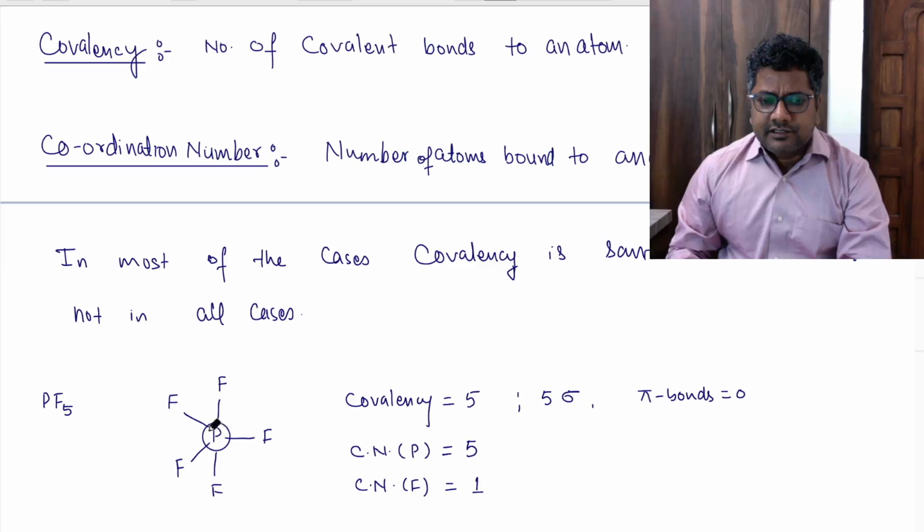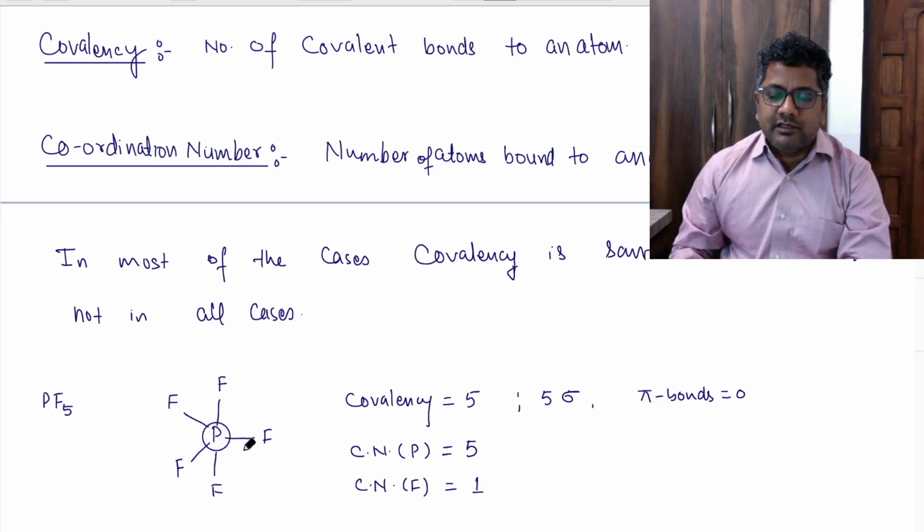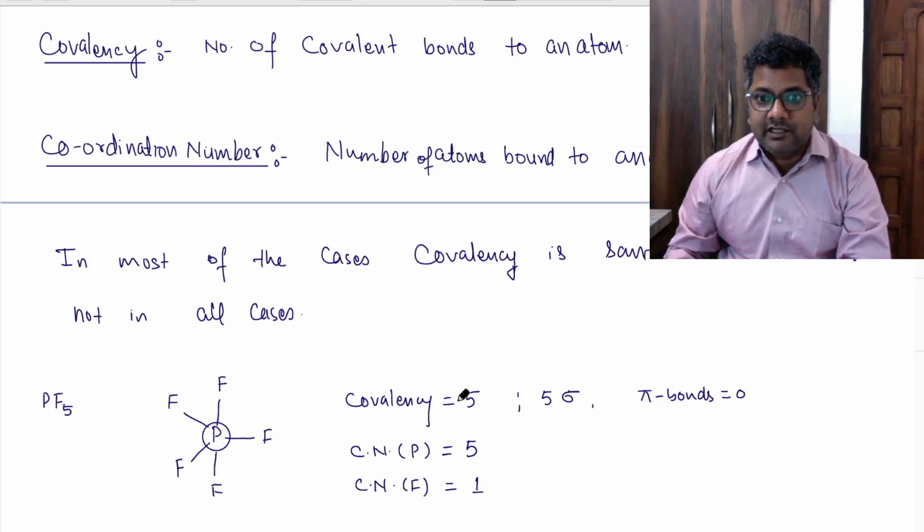See, number of atoms bound to another atom. So 5 atoms are bonded with the phosphorus, so the coordination number of phosphorus is 5, and fluorine is bonded with only one phosphorus, so this is 1. And here covalency of phosphorus is 5.